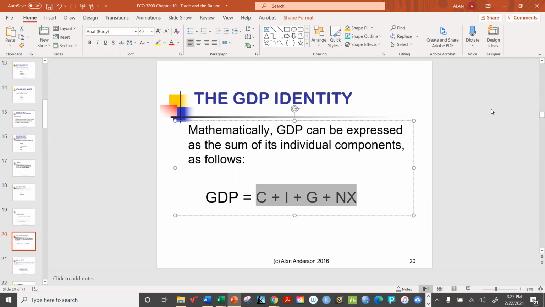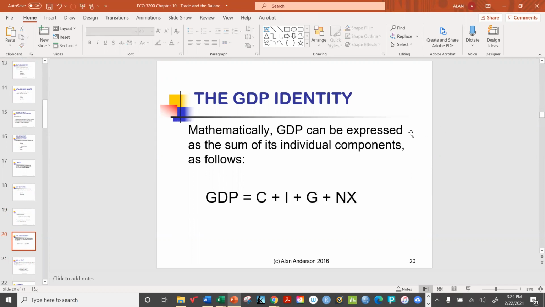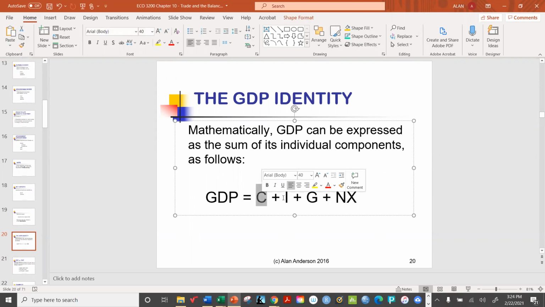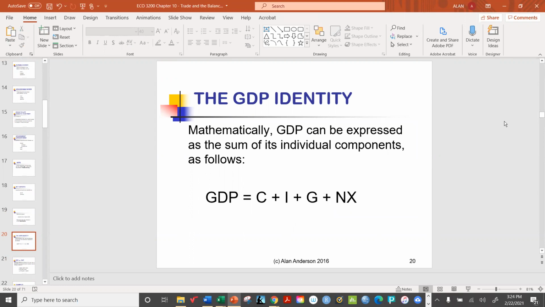Now, in macro classes, you'll spend a lot of time analyzing this GDP identity and the factors that influence these different components. And we're going to do some of that here too. But these are just abbreviations for consumer spending, investment spending, government spending, and finally net exports.